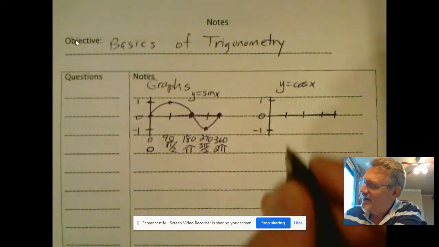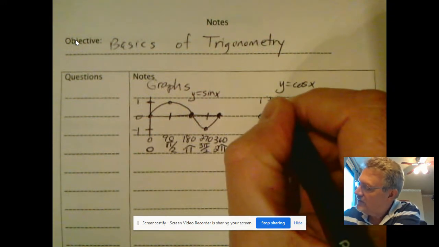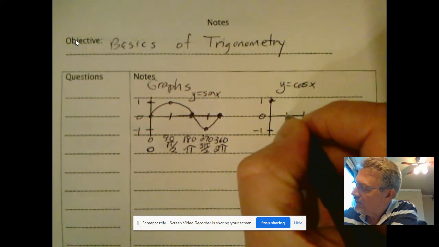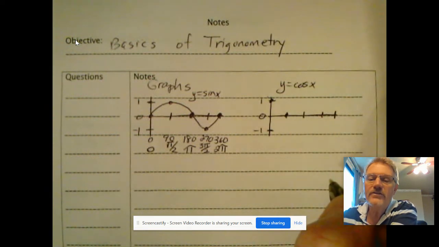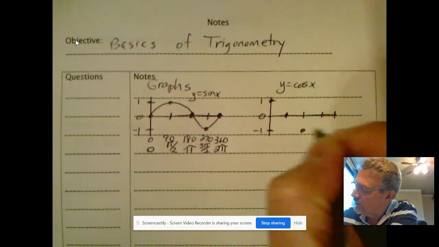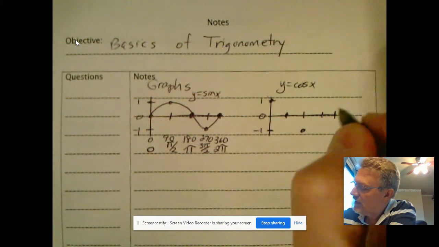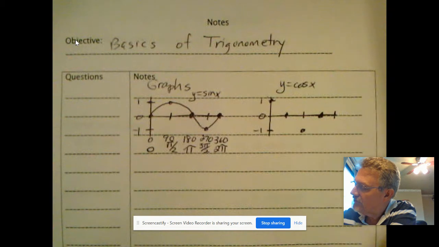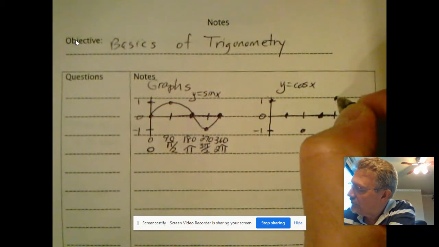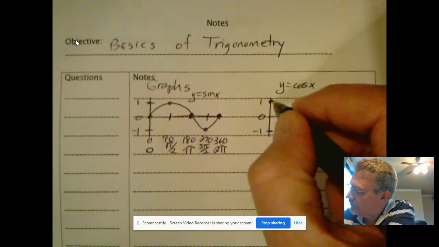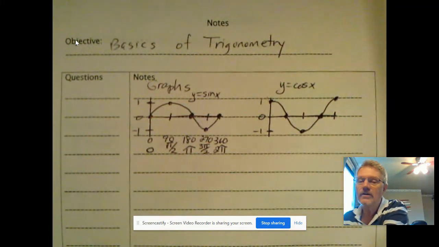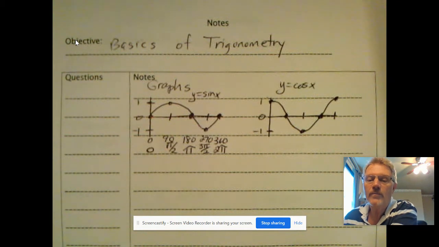So cosine starts at 1. Cosine 0 is 1. Cosine 90 is 0. Cosine 180 is -1. Cosine 270 is 0. And cosine 360 is back up to 1. So when we connect our dots, remembering number 1, it's a function. Number 2, it's a curve.